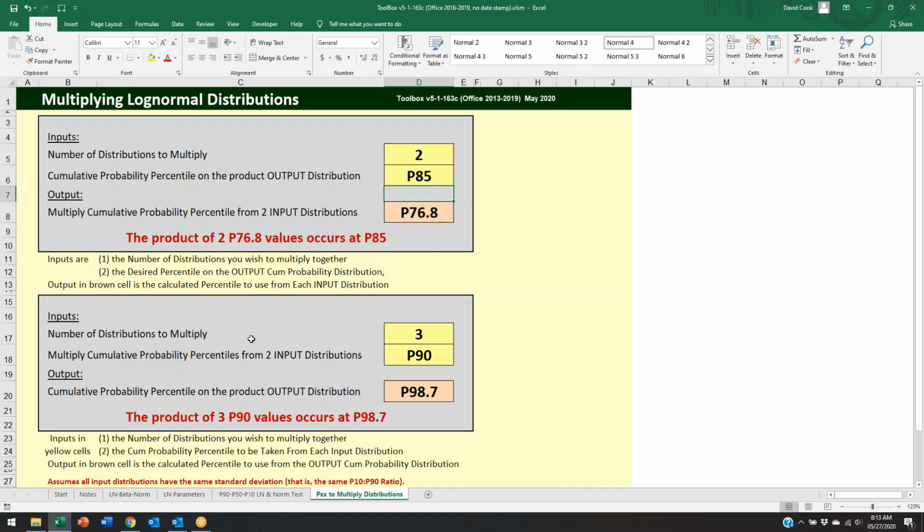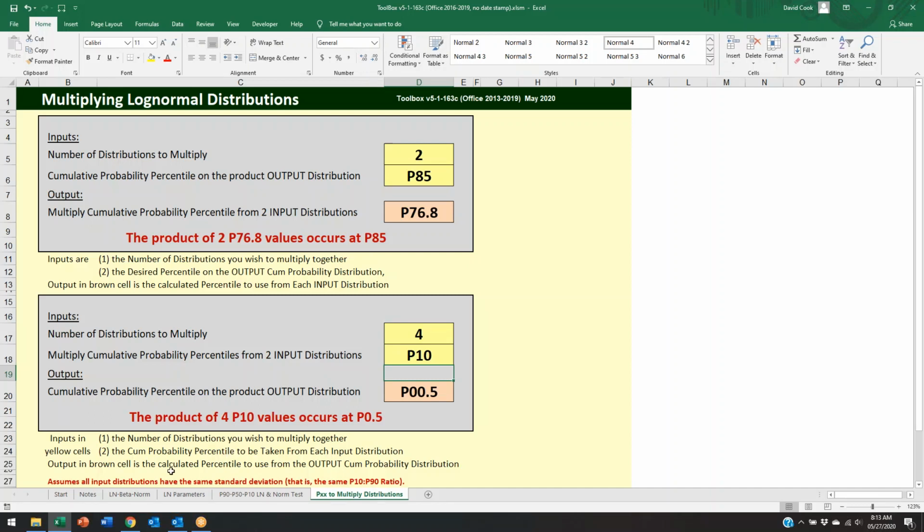The lower table provides similar inputs for 3 distributions. If you multiply the 3 P90s together, that equates approximately to the P99. But you could go in and modify this for whatever input values you're contemplating and the number of parameters being multiplied together.